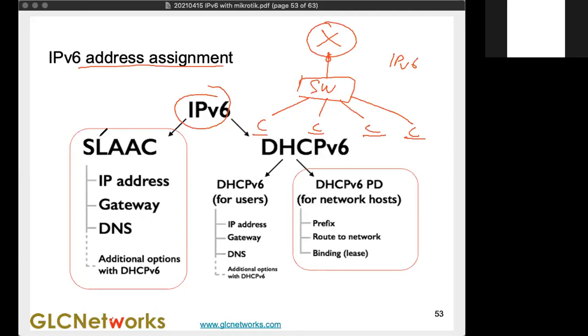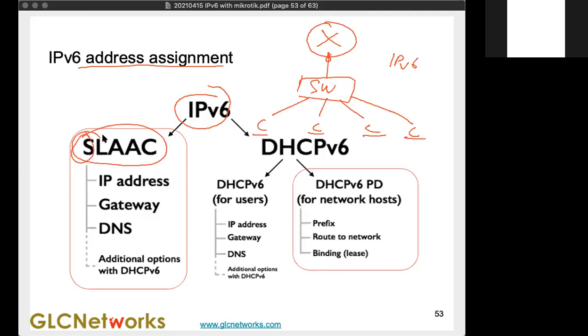How can you assign an IP address to the client? Well, the first method is called SLAAC. This one is quite new compared to IPv4. It's stateless address autoconfiguration. There's no state, so stateless.